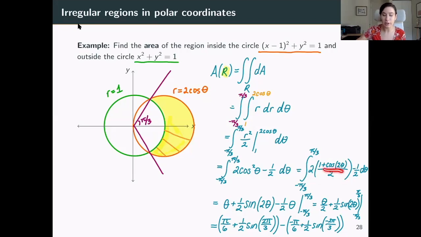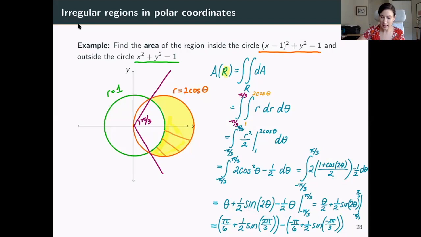Then we can integrate with respect to theta, and we'll end up with just theta plus 1/2 sine of 2 theta. You could go ahead and do a u substitution there, and then we'll have a minus 1/2 theta. And we're evaluating this from negative pi over 3 to pi over 3.